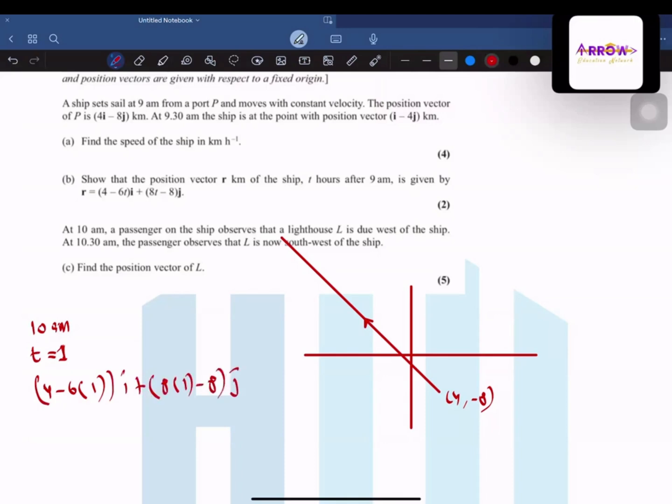So 4 minus 6 is minus 2, so minus 2i, and the j component is 0 because 8 minus 8 is 0.